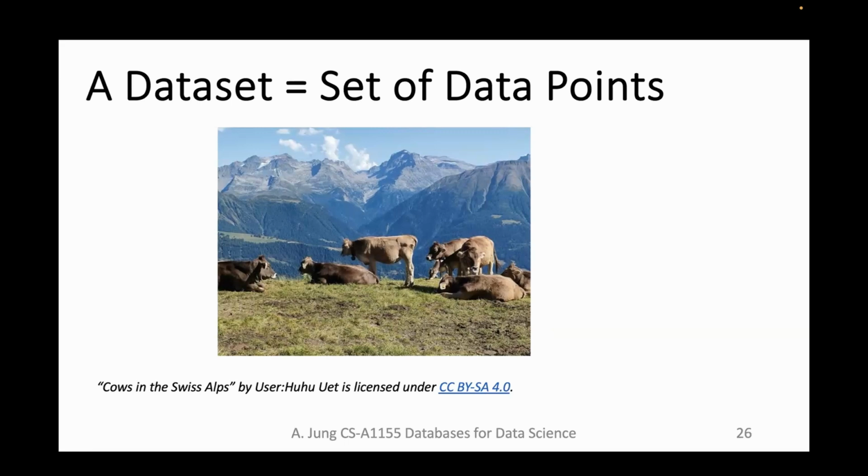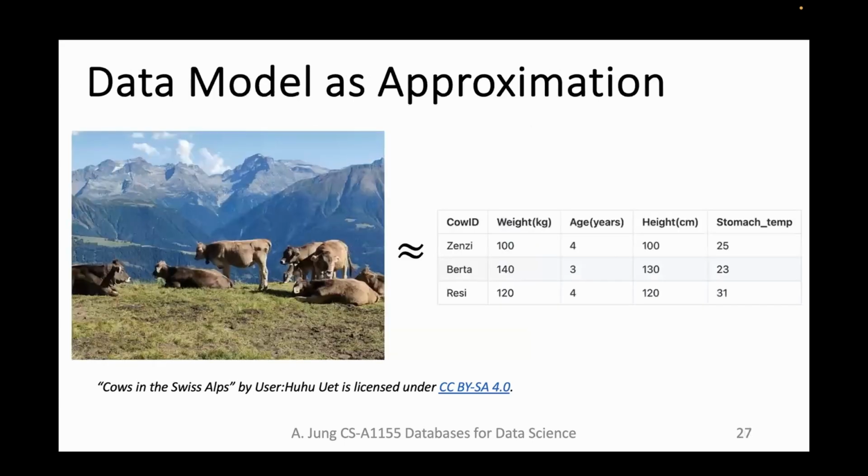So we need something that is easier to manage. And here comes the data model into play. We could think of a data model as an approximation. And one form of this approximation is a table. This will be the key object of our whole course. This course mainly revolves around using such tables, or we call them relations. And the corresponding model is the relational data model.